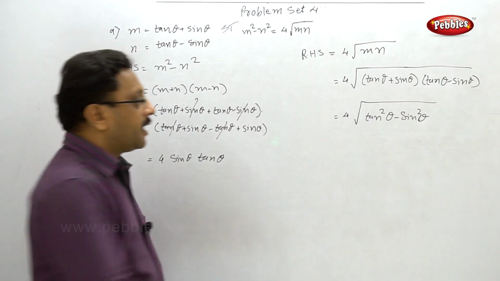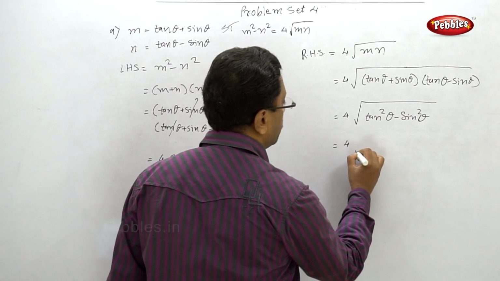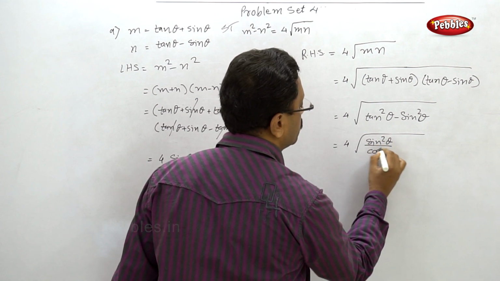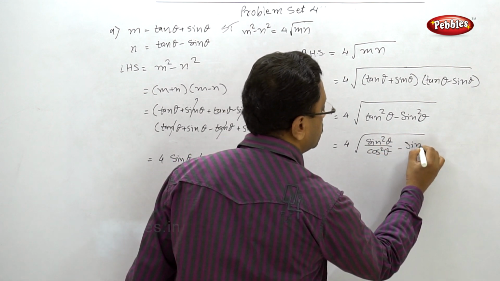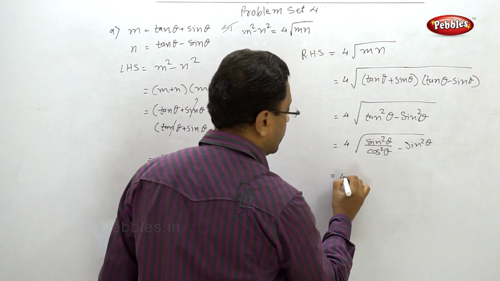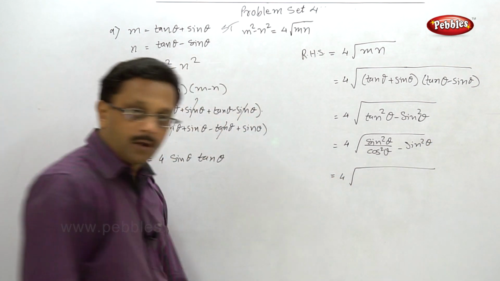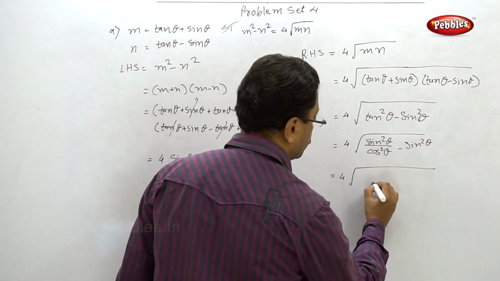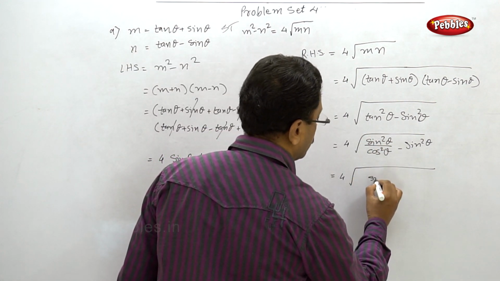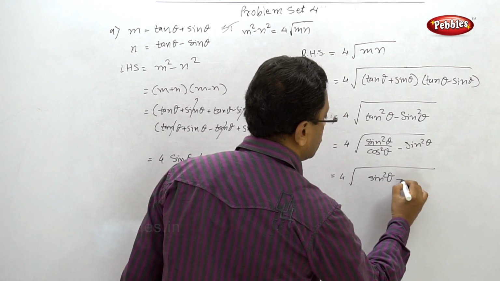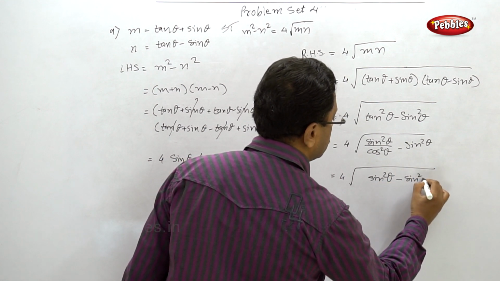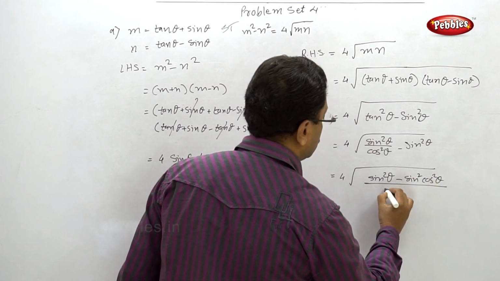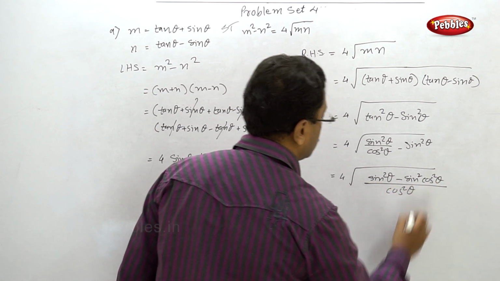Now tan I can write as sin upon cos. So I have sin square theta upon cos square theta minus sin square theta. So in the next step I will have cross multiplication here. I will have sin square theta minus sin square theta cos square theta upon cos square theta.